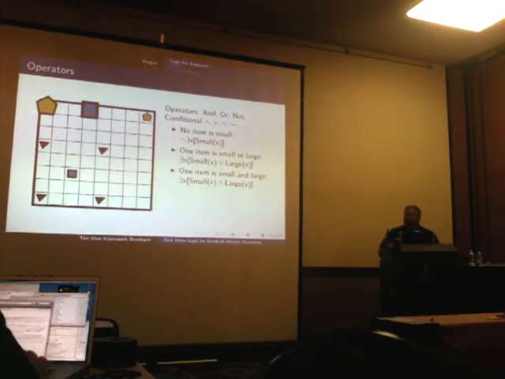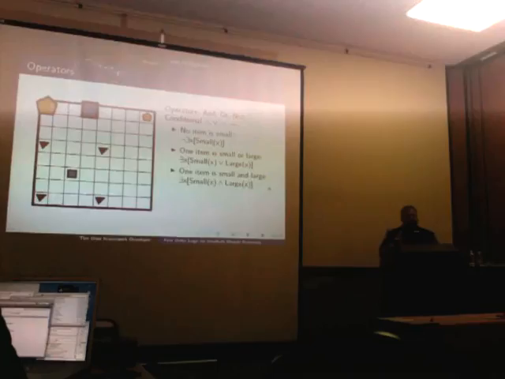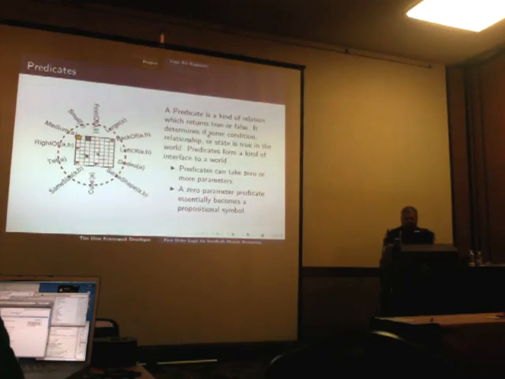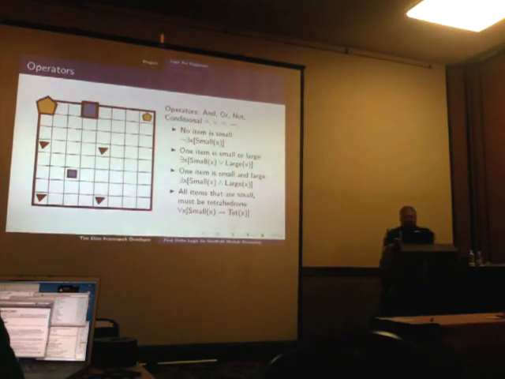So there's a certain border of soundness where your predicates talk about things inside the world. And of course, we have one more operator, which is the if-then. So all items that are small must be tetrahedrons, is what that says.